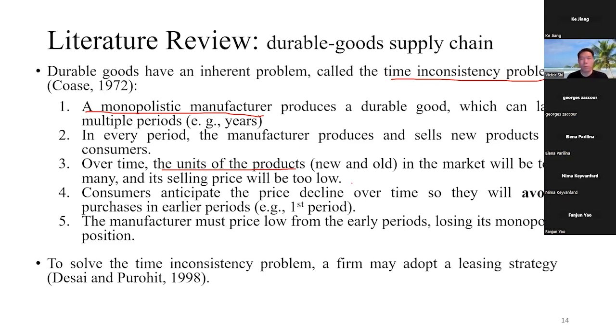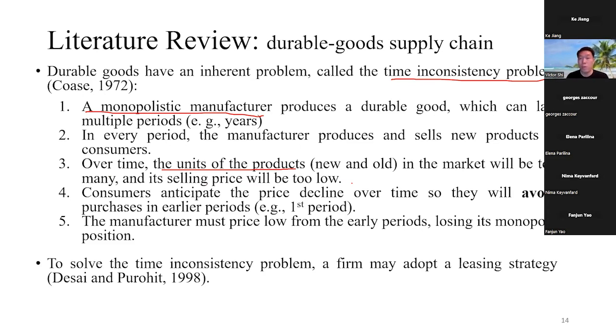For example, if you produce 1,000 units every year, then in the third year you have 1,000 totally new products produced in year 3, but you also have 1,000 units of old used products from the second year, because once the product is produced, it lasts for multiple periods.